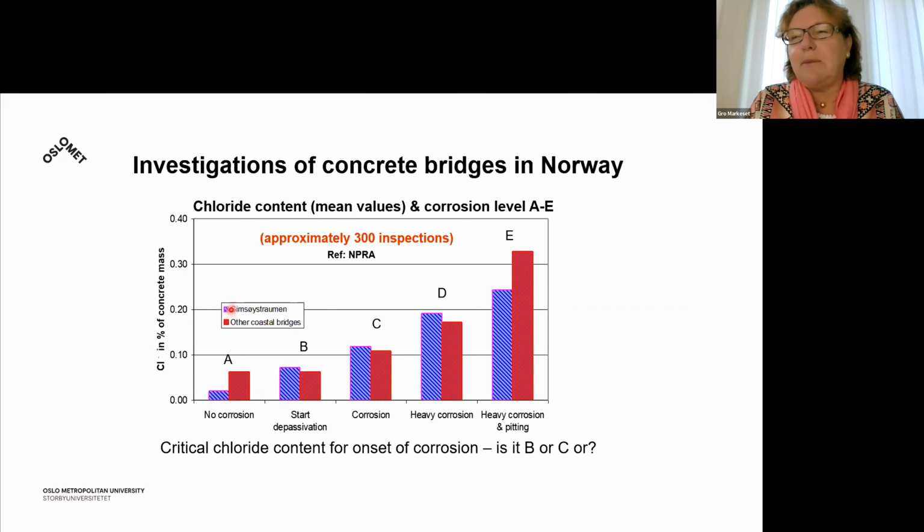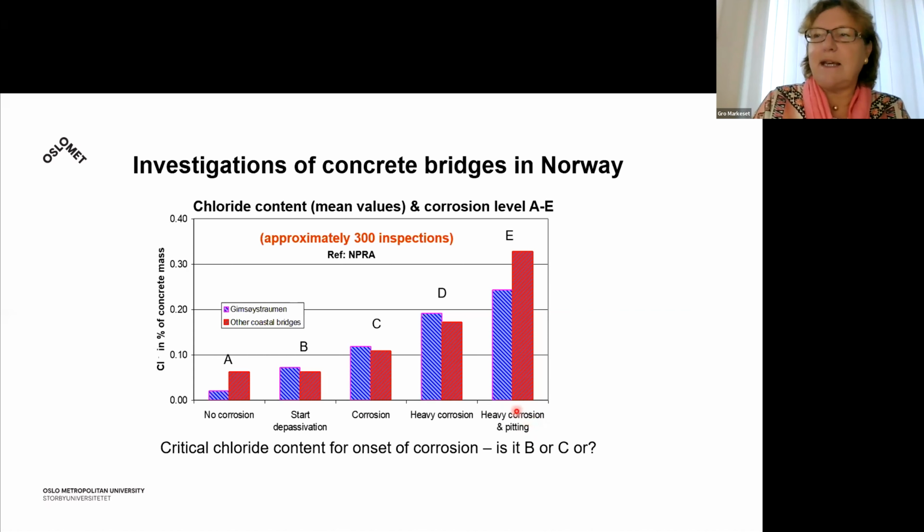They have one large bridge where they performed a lot of inspection and chloride measurements, this blue Gimsøstraumen bridge, and then they have other structures, this red one here. And then you can see again corrosion level A is no corrosion, and B, start of deposition. C, you have some surface corrosion, then heavy corrosion, and heavy corrosion with pitting.